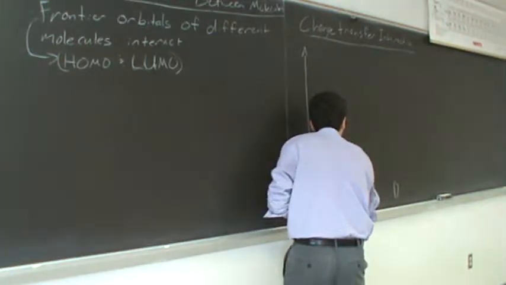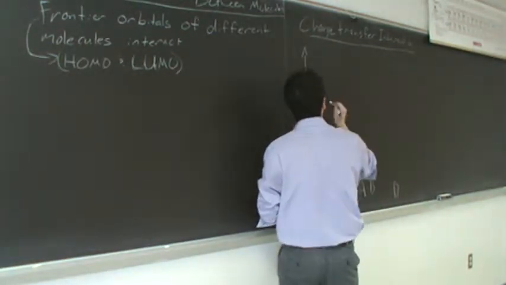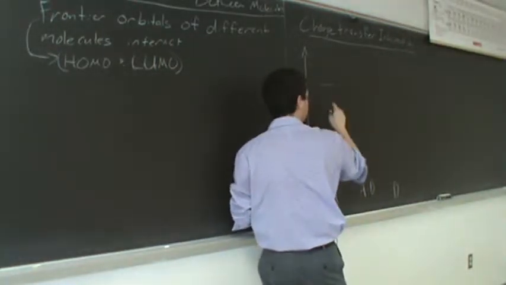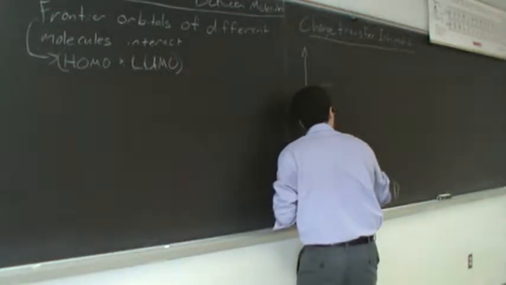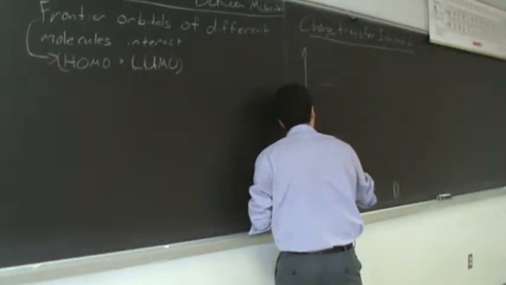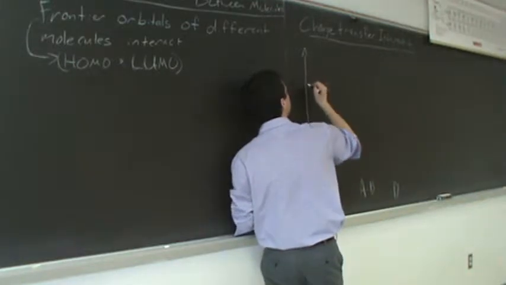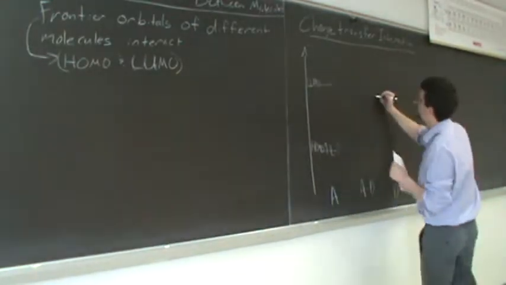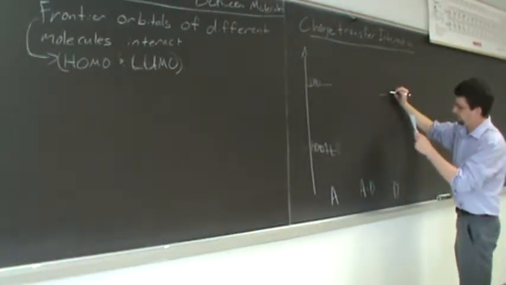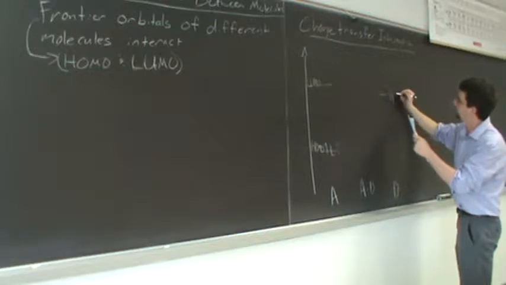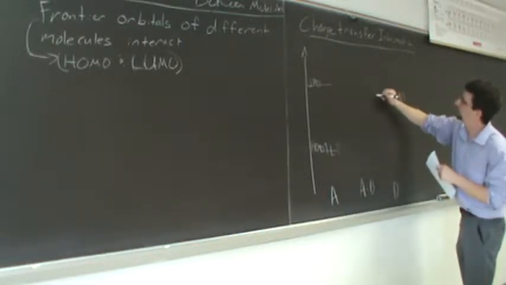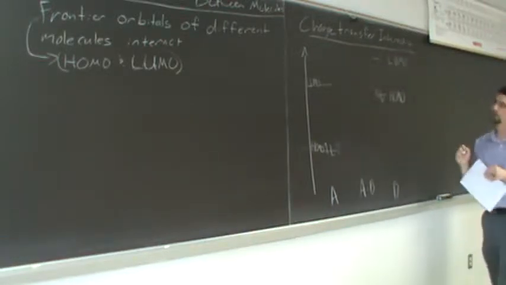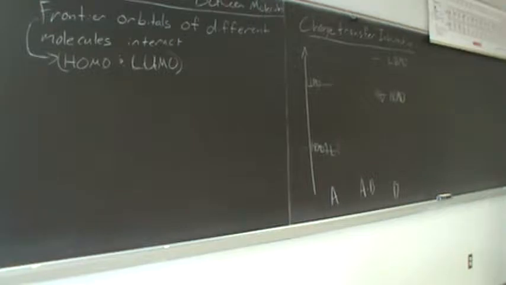We have an occupied state on A, and an unoccupied state on A also. There are other states beyond these, but these are just the 2 that we care about on A. Then we'll have the HOMO on B, and we'll put the LUMO up here.